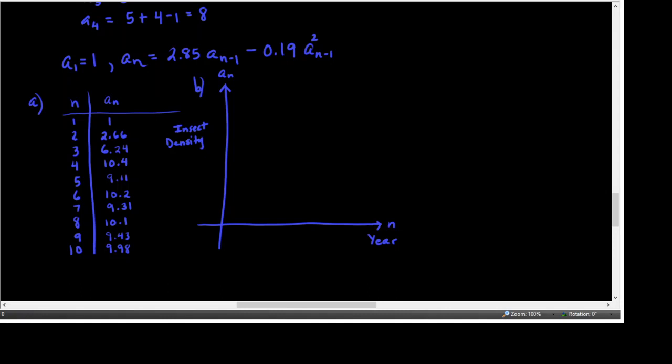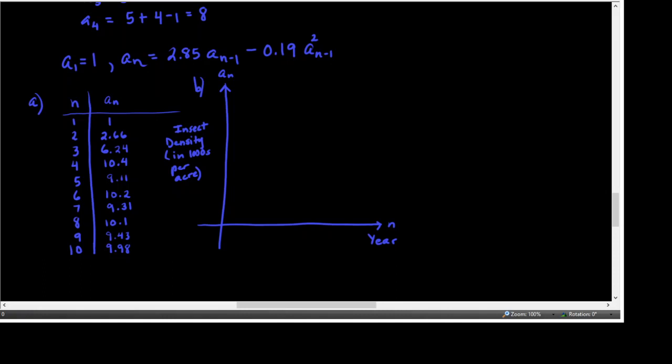And that's in thousands per acre. Okay, so like in year 3, it's 6.24 thousand, so about 6,240 insects per acre.